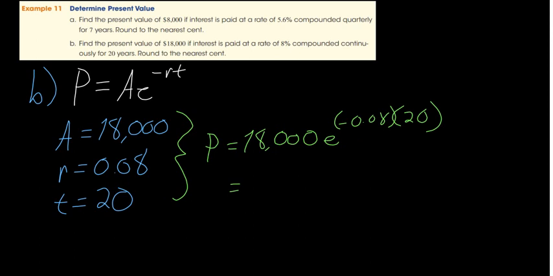All right, here we go. 18,000 times e raised to the negative 0.08 times 20. So we have 3,634.14.